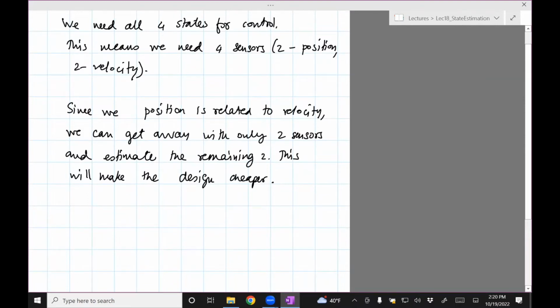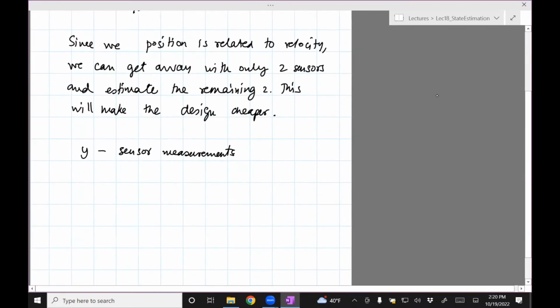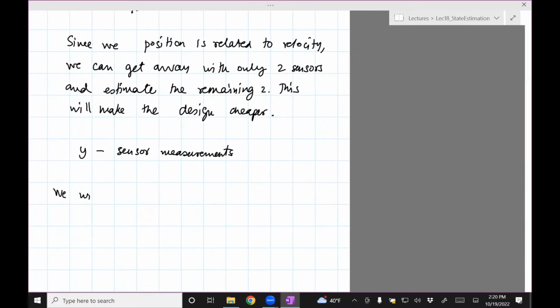So what we'll do is we'll use this variable y as sensor measurements. Okay, and for this example, we will assume we have velocity sensors installed.